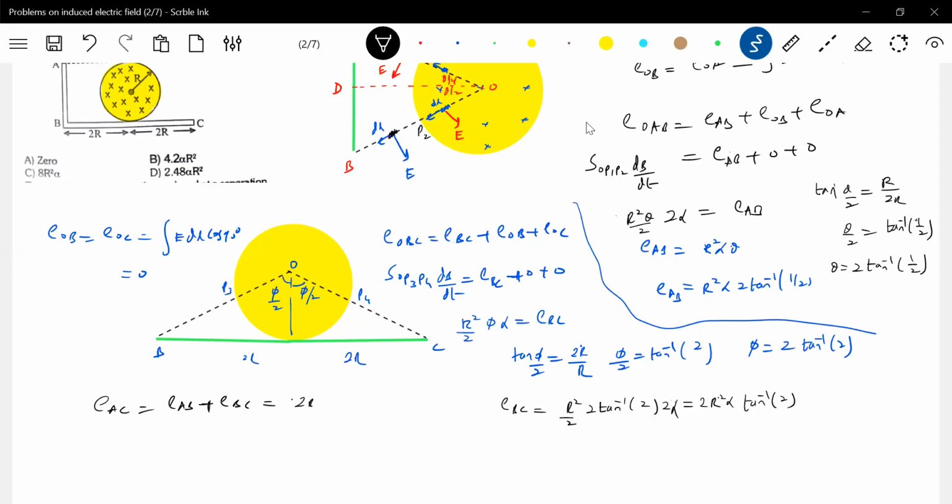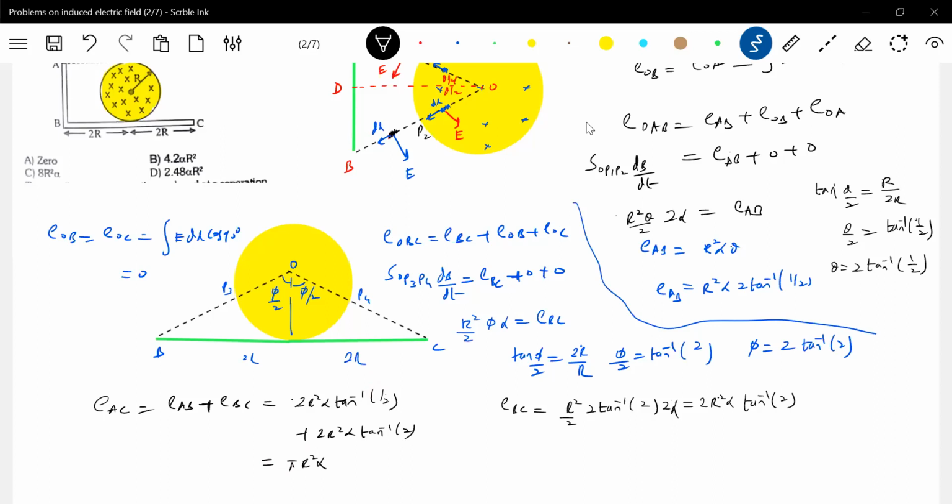EAB equal to 2r square alpha tan inverse of 1 by 2 plus 2r square tan inverse of 2. How much you get? 2 pi 2r square alpha. So 2 will not be there. Okay, pi r square alpha.